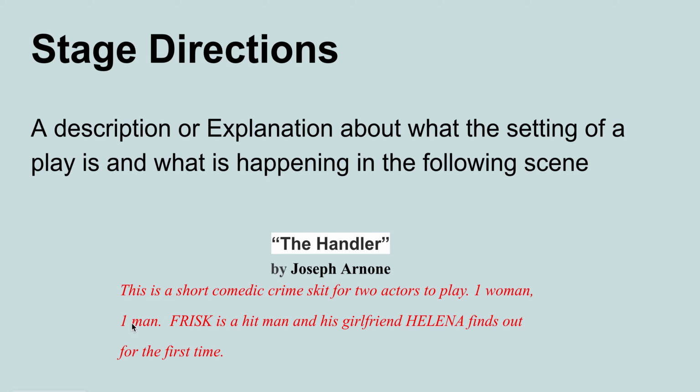One woman, one man. Frisk is a hitman and his girlfriend Helena finds out for the first time. So these stage directions tell us that there's two characters in the play, Frisk and Helena, and that they are dating and that Frisk is a hitman and Helena is finding out for the first time.